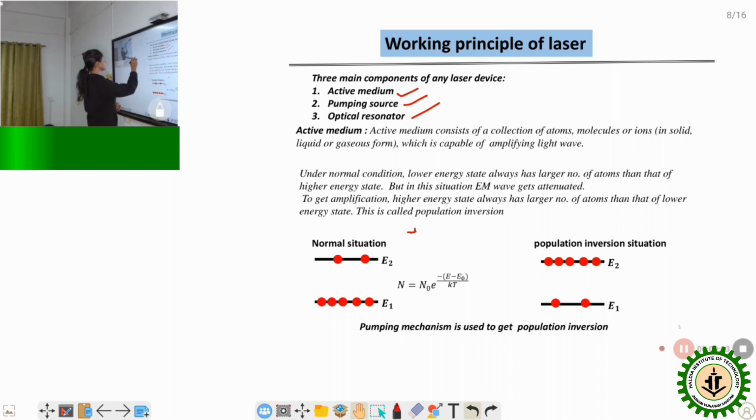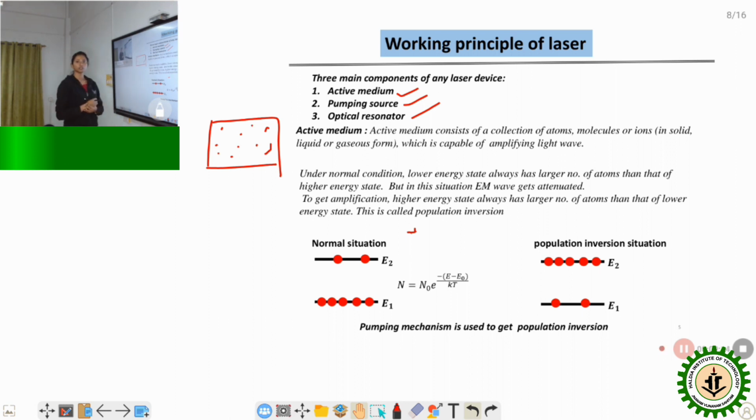For example, this is a box. Inside this box, there are some ions, molecules or atoms, whatever it is, or their mixture. This is called the active medium in simple terms.